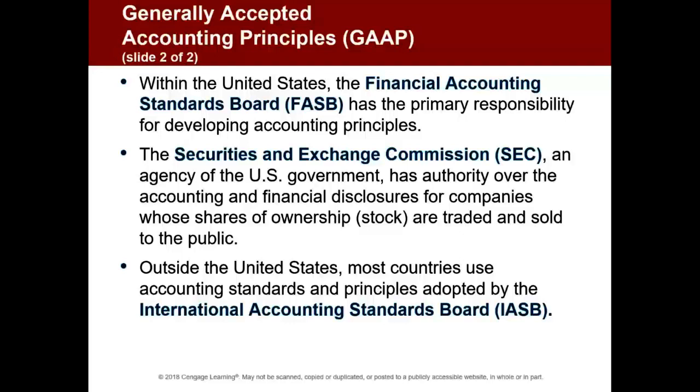This is a global initiative, and these guys are trying to standardize accounting practice around the world, because we are a global economy, and we have a continuous need to compare the financial statements of not only American companies to American companies, but American companies to other companies from around the world.